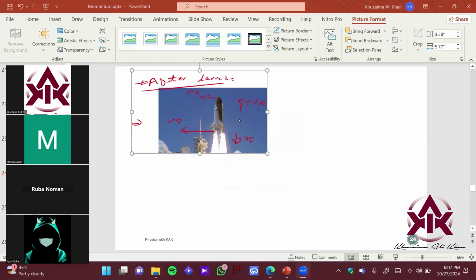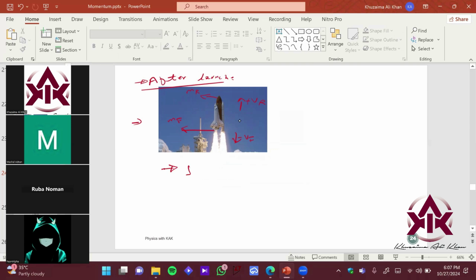The momentum after launch is the mass of fuel times the final speed of fuel plus the mass of rocket times the velocity of rocket. Since the direction of the fuel's final velocity is downwards, it's negative, so you can put a negative sign here. And the velocity of the rocket is positive.